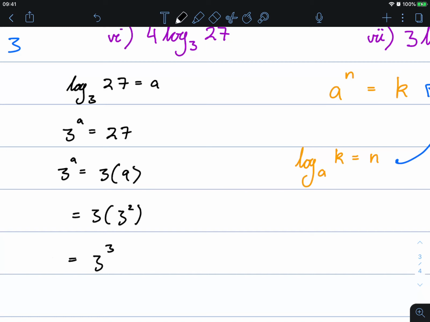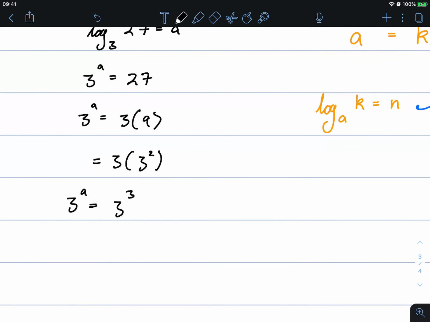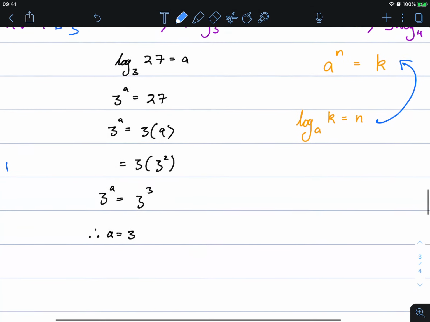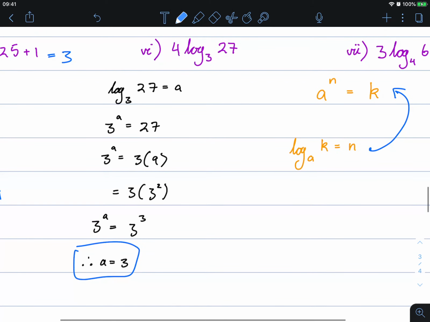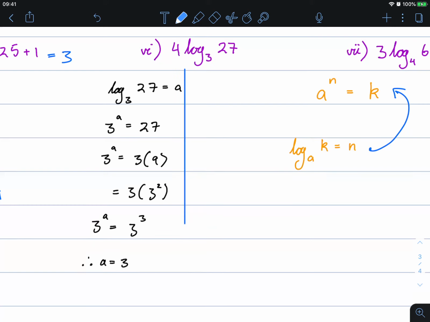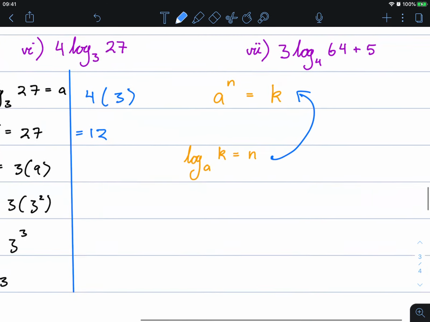So 3^a is equal to 3 cubed. And so by observation, therefore, a is equal to 3. Substituting that answer back in to this one, this becomes 4 times 3, which equals to 12.